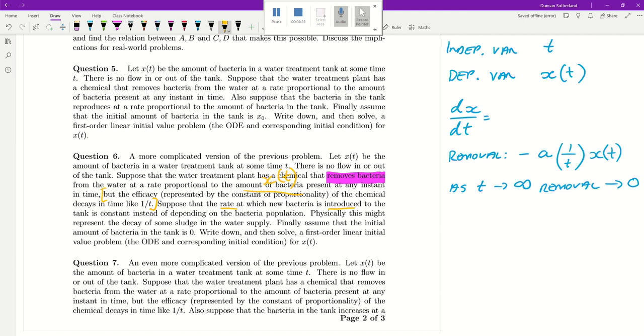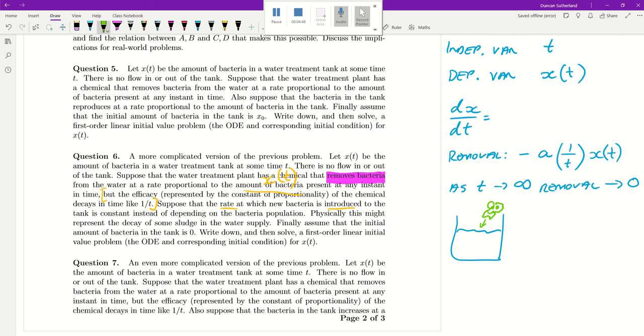So we've got bacteria being introduced into this tank somehow. So I guess here's our tank. Here's our little bacterium jumping in, and that's happening at some constant rate.